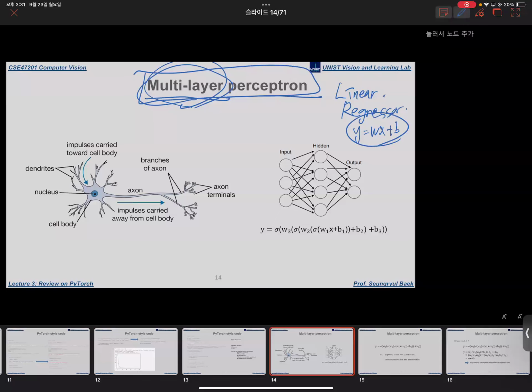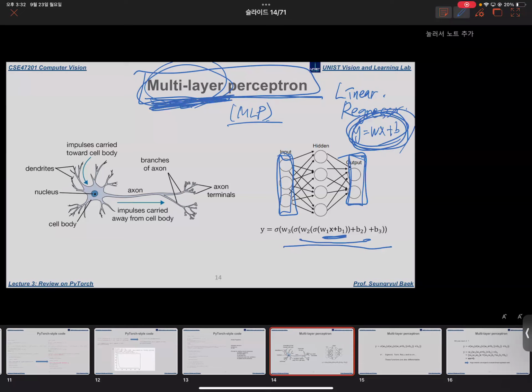Okay, the multi-layer perceptron, whose abbreviation is MLP, has multiple linear operations inside. So this is input and this is output. For getting output from input, you will apply multiple linear operations. So it has multiple layers.